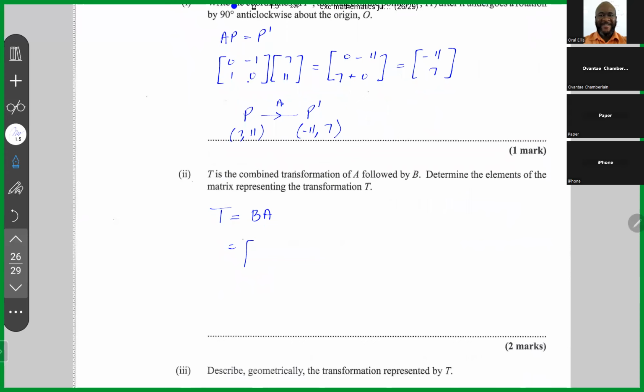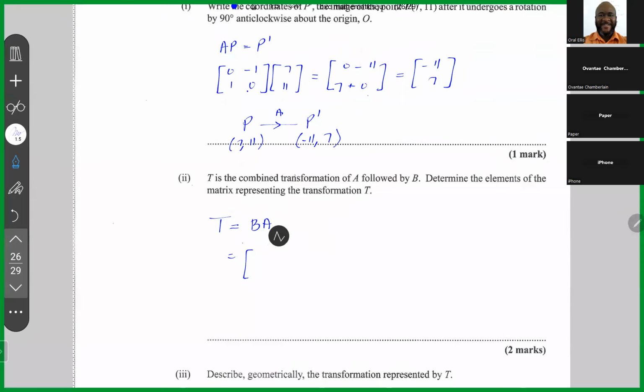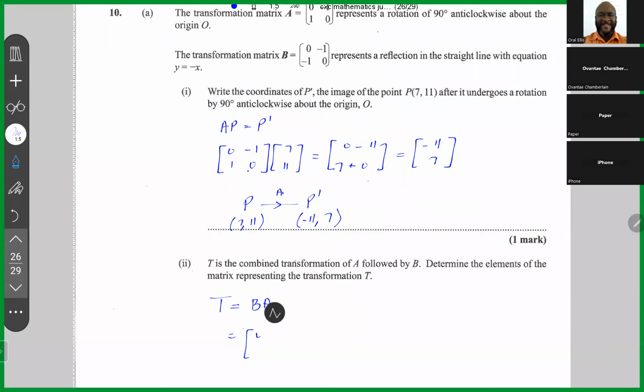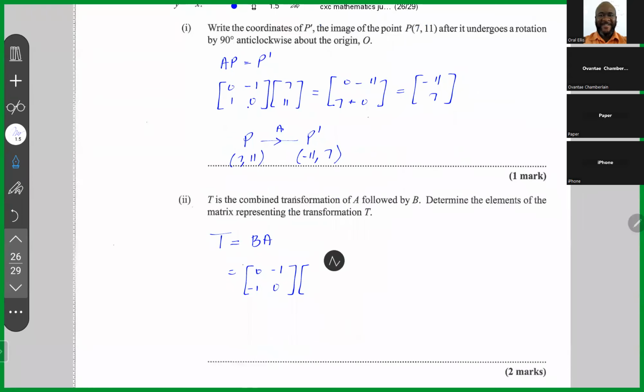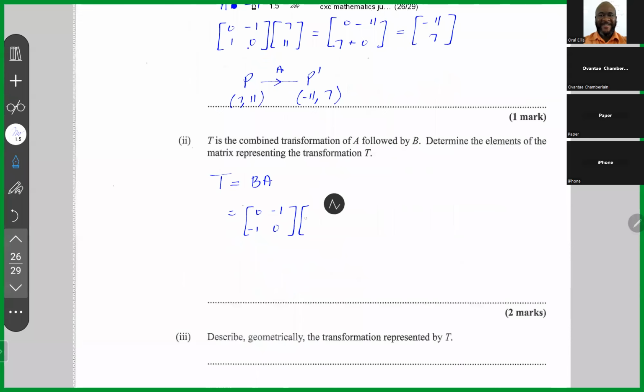So this is going to be B, which is 0, -1, -1, 0, multiplied by A, which is 0, -1, 1, 0.